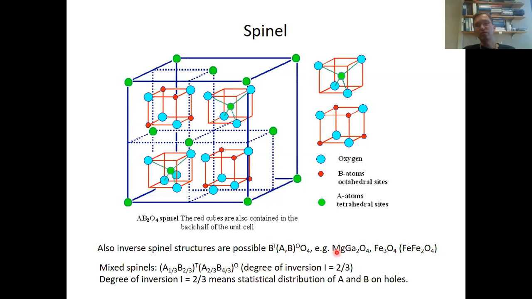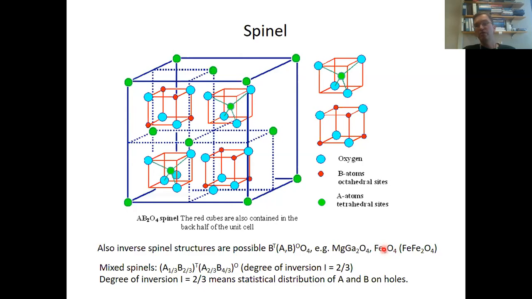Okay, so this is realized, for instance, in compounds like magnesium gallium-2 O4, or Fe3O4. So in this case, we would have a mixed valence compound of iron-2 and iron-3.